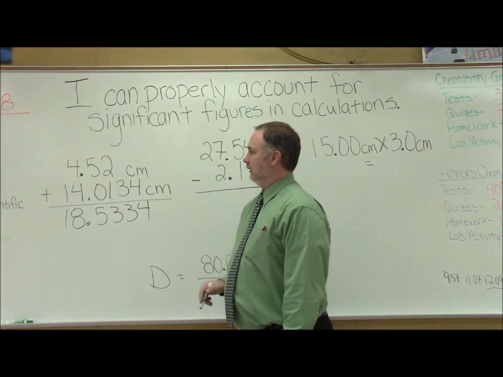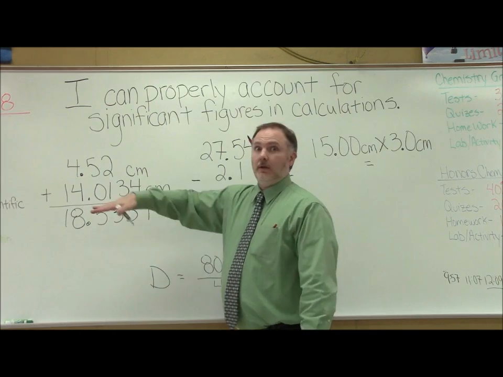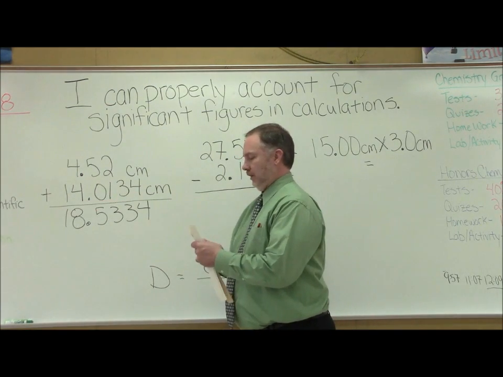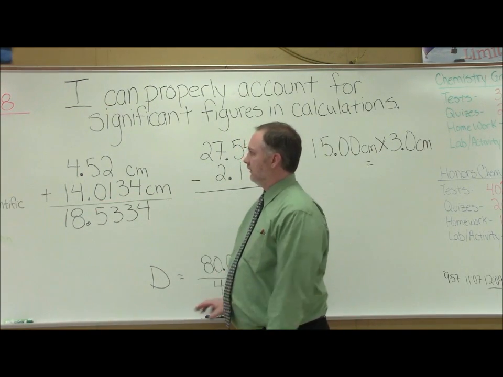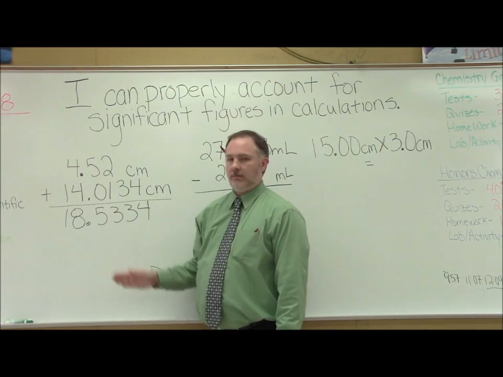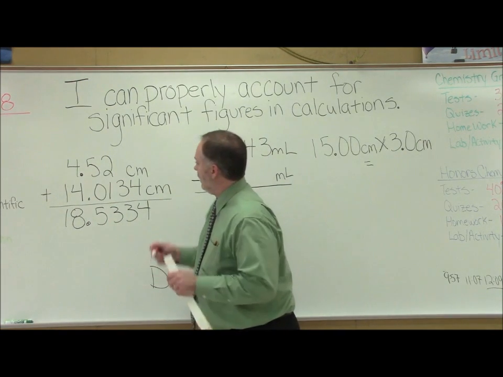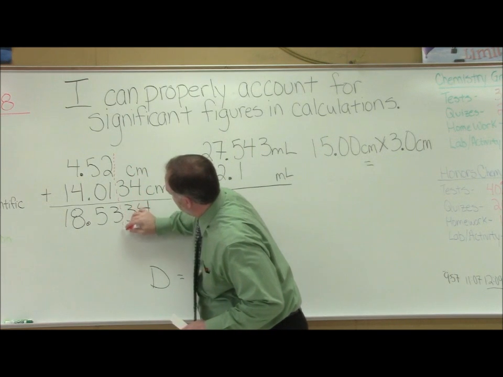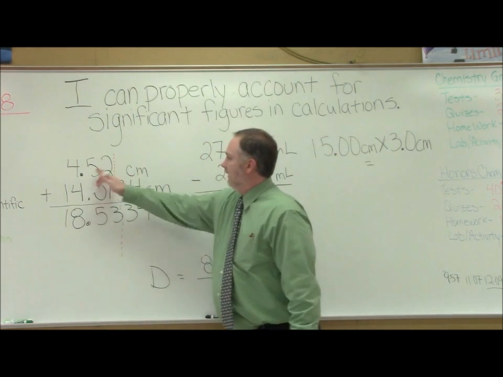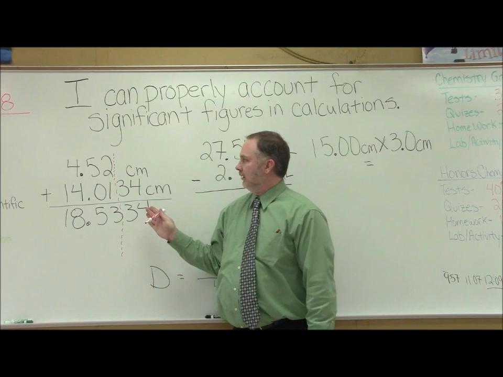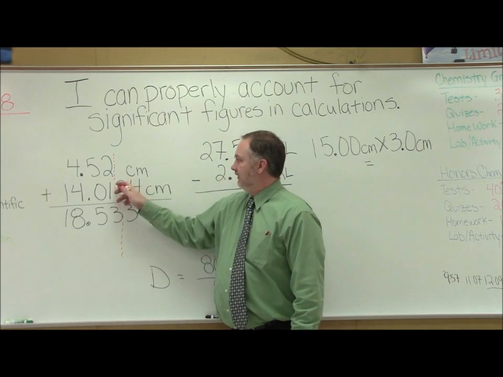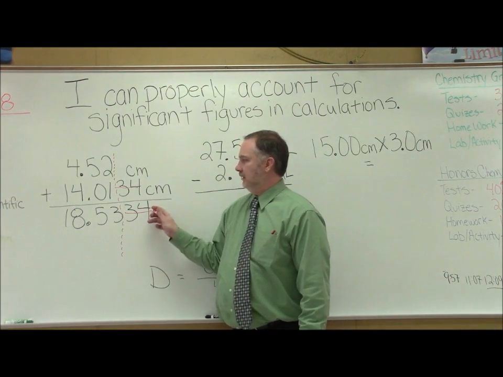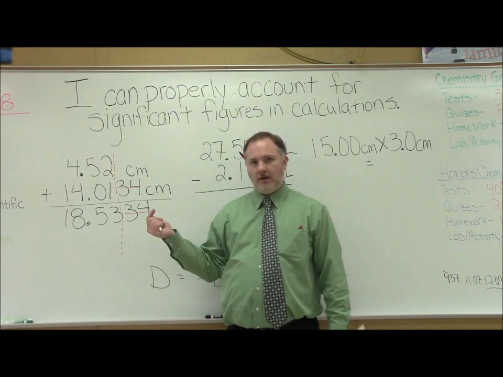This measurement actually goes all the way out to 4. It's important you line up your decimals first of all. And I need you to notice that this right here beside the 2, that's how many decimal places we can go out. So this sticks out, we're going to cut it off.